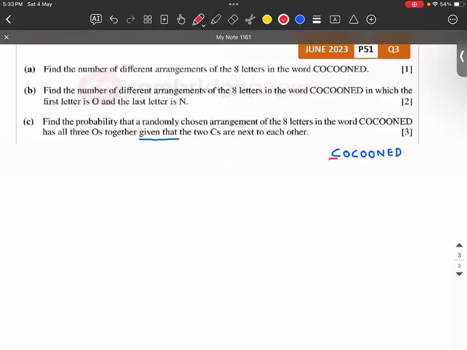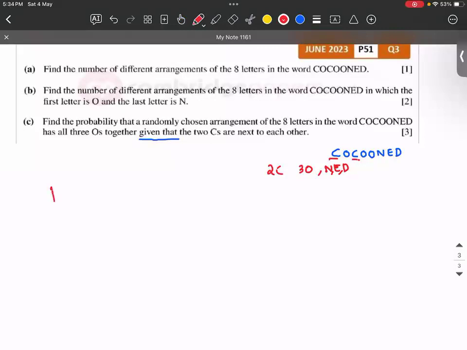We have 2 C's, and we have 3 O's. And then apart from that, we have these 3 letters NED. Am I right? Okay. So now, what is our aim? Our aim is to find the probability that all 3 O's are together, given that 2 C's are next to each other.